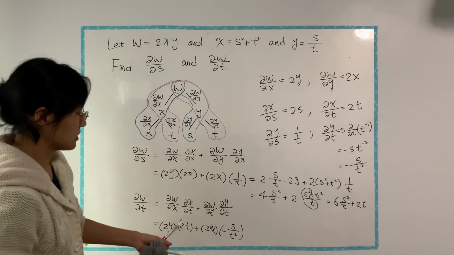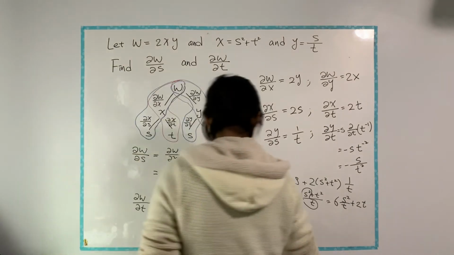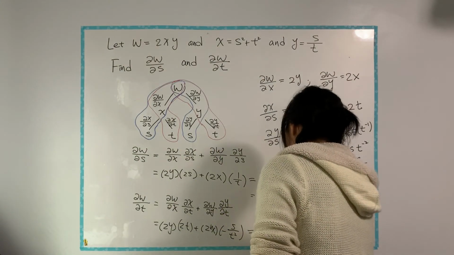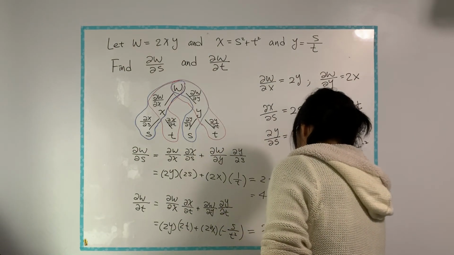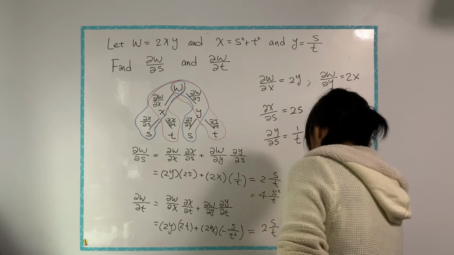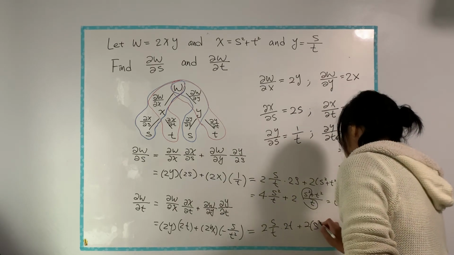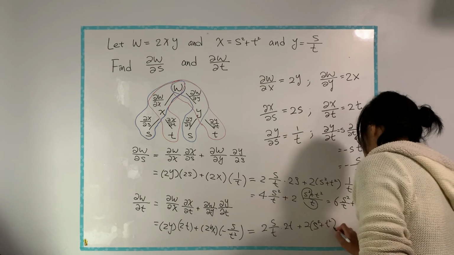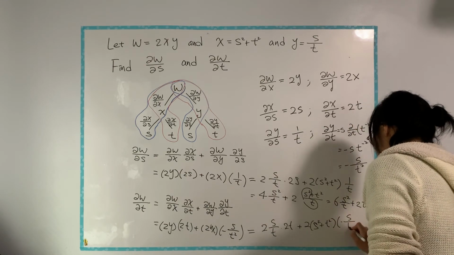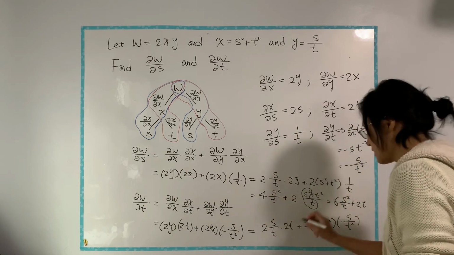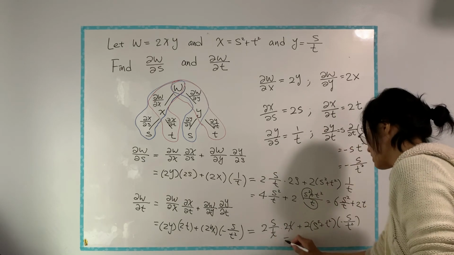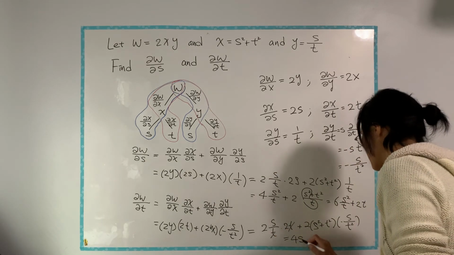Okay, and we plug in as usual. So this is 2s over t times 2t plus 2 times s squared plus t squared times minus s over t squared. Okay, so t's cross out, that's 4s.